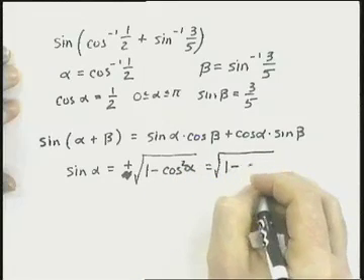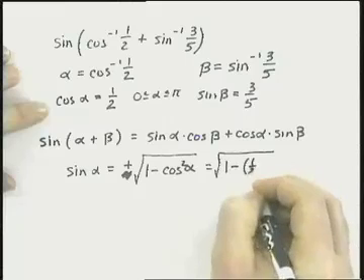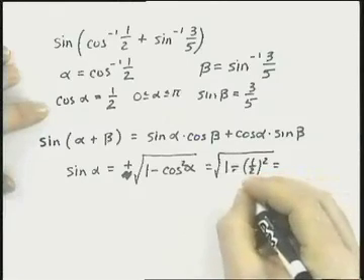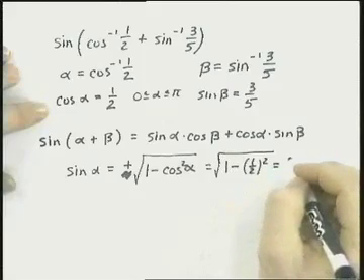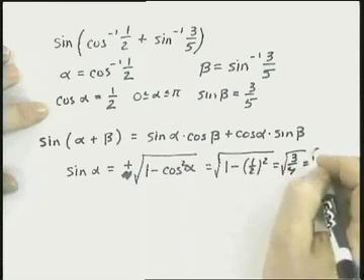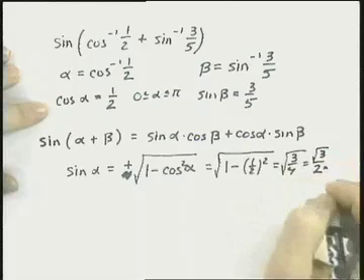So I get 1 minus 1/2 squared. So that's 4/4 minus 1/4, the square root of 3/4. So that's the square root of 3 over 2.